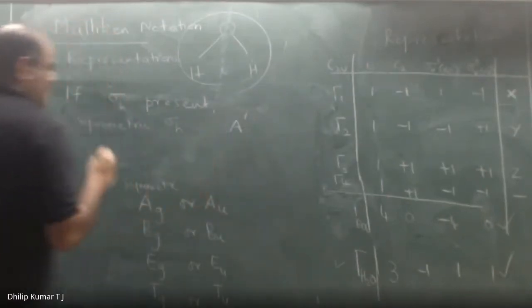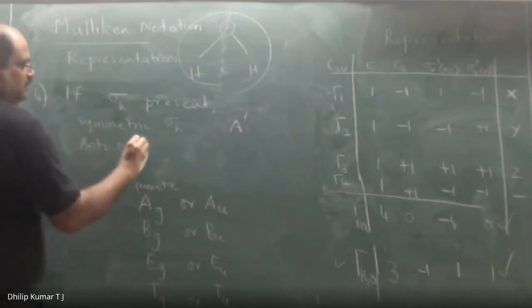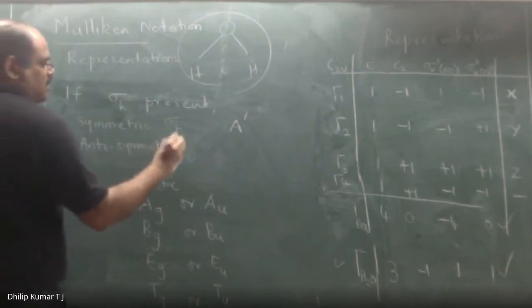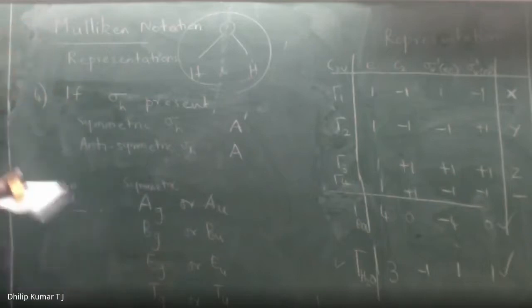And if it is antisymmetric with respect to sigma H, then, I think, A double prime is given.